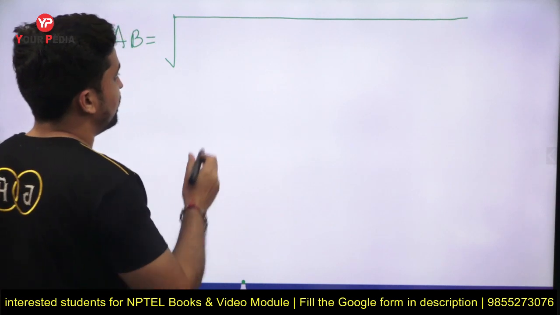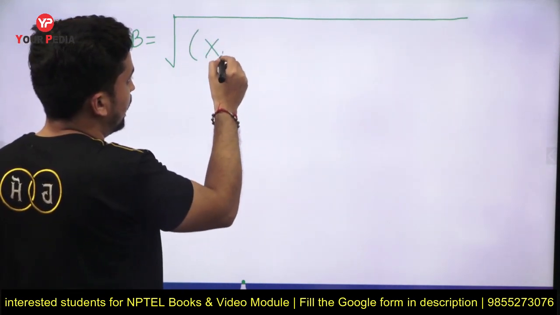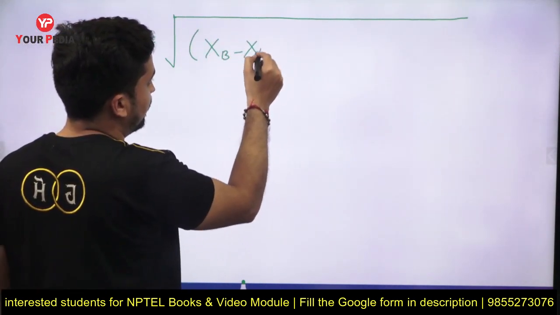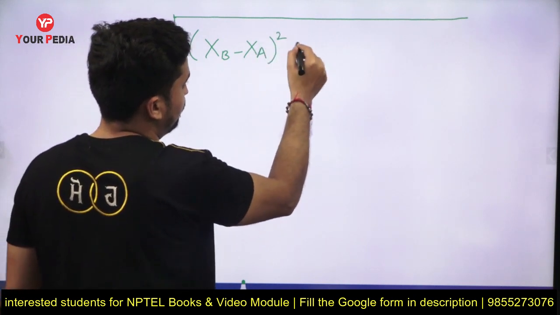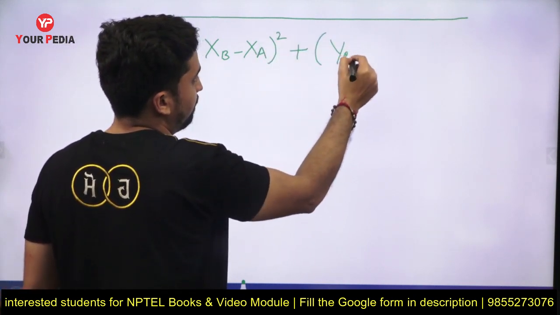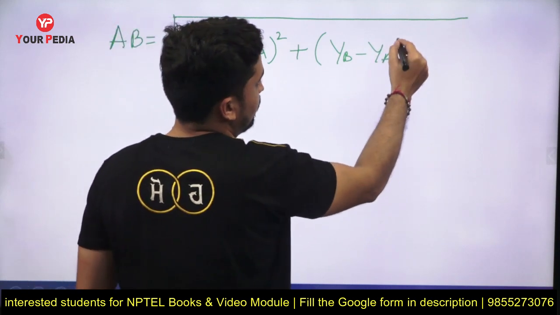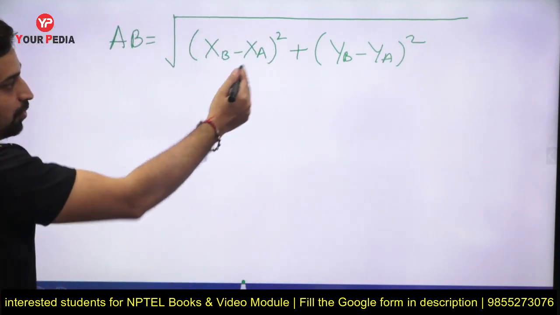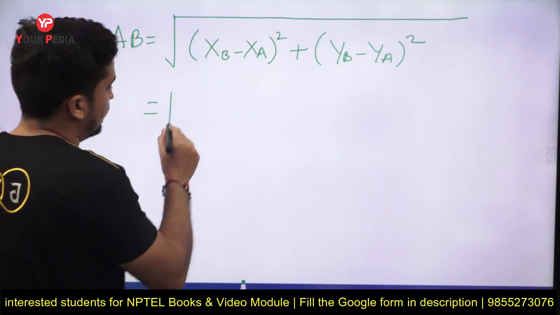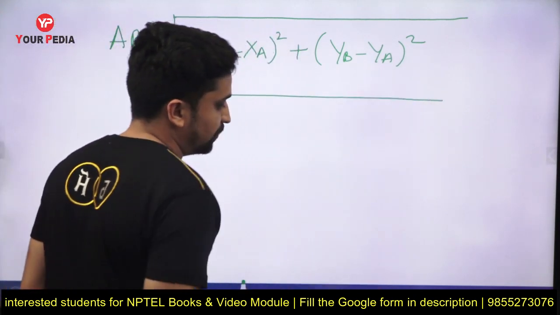Therefore the length of the line AB will be equal to XB minus XA whole square plus YB minus YA whole square, and we have all the values. So let us just substitute the values and find out the length of the line AB.